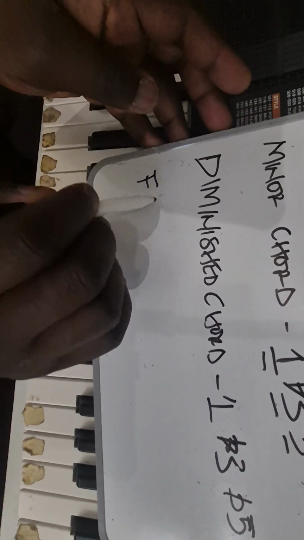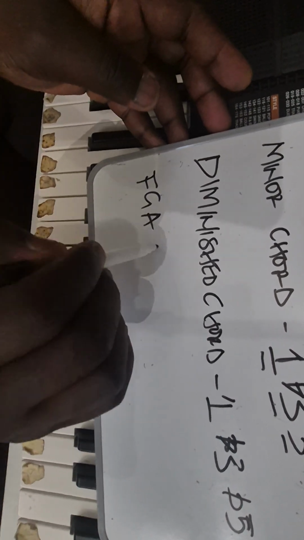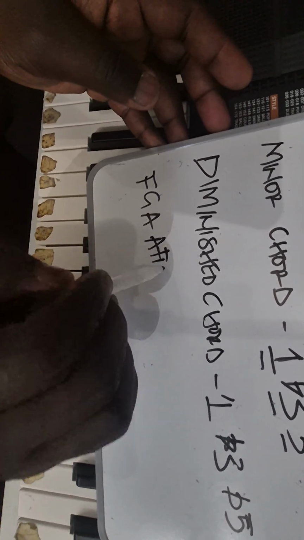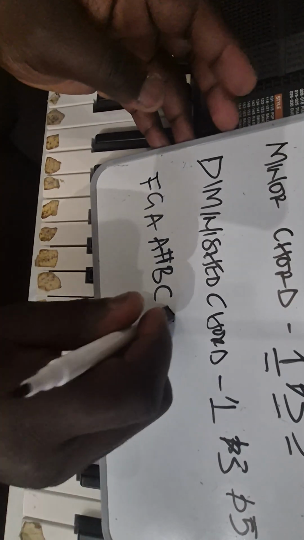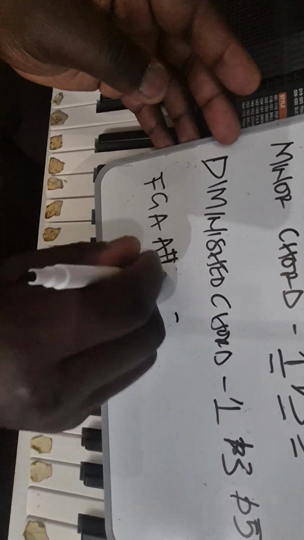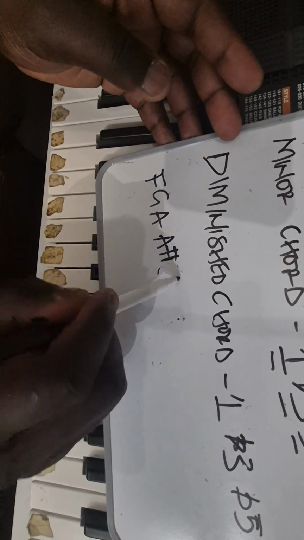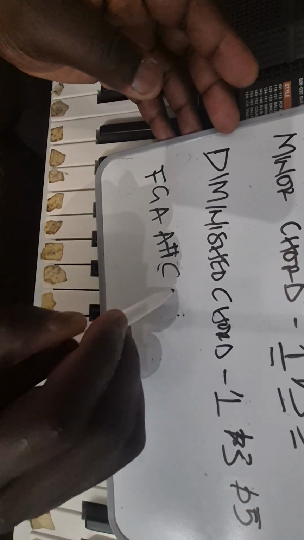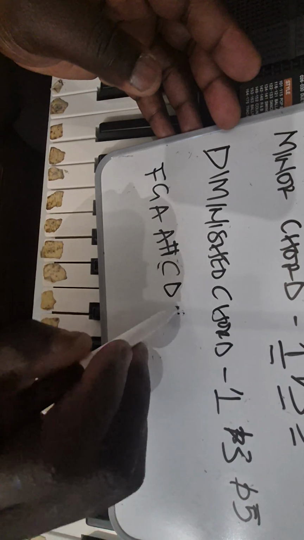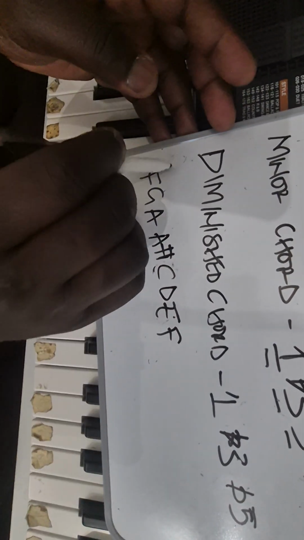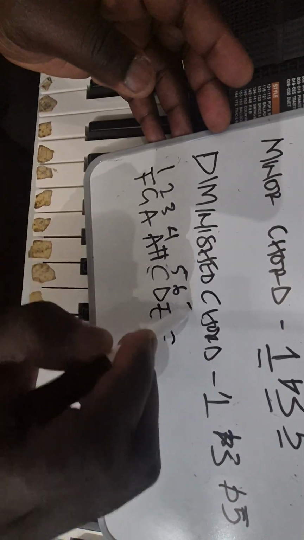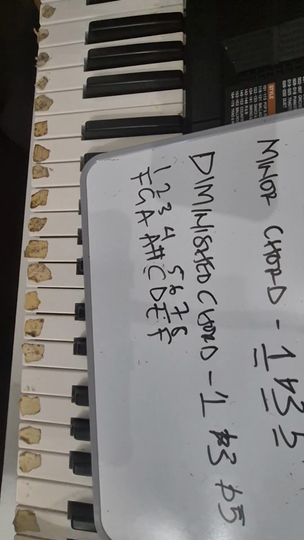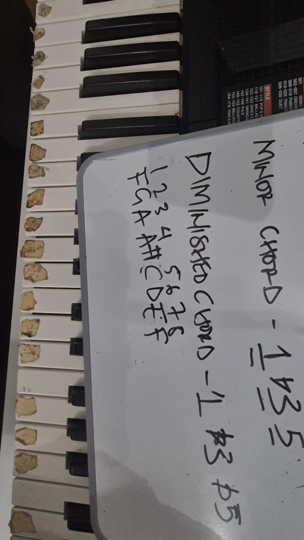So F, G, A, B flat, C, D, E, and back to F. So this is our 1, 2, 3, 4, 5, 6, 7, and back to 8 or 1. That's it.